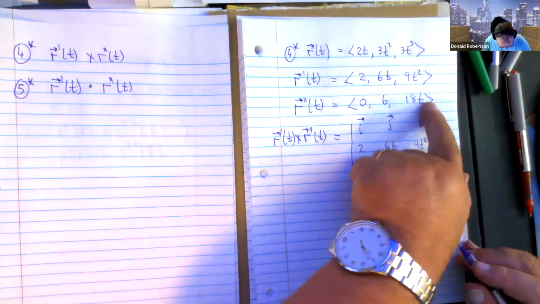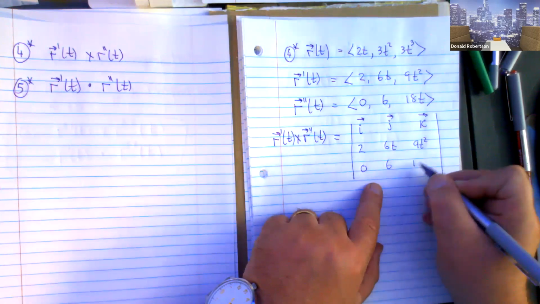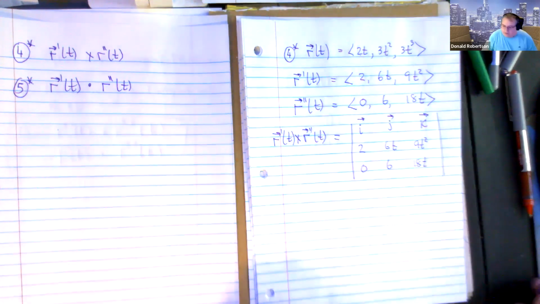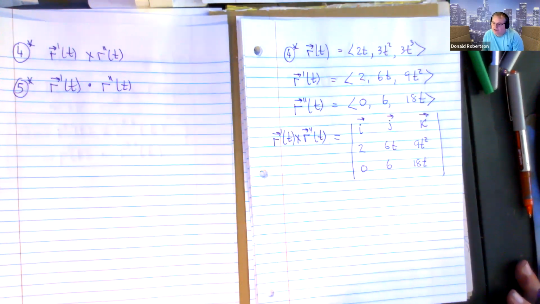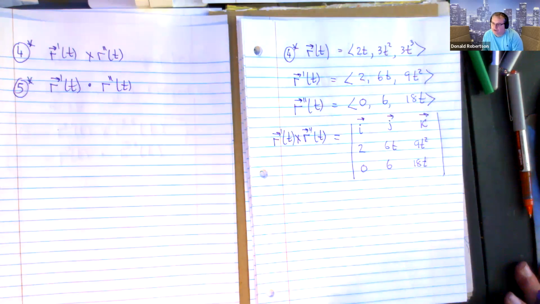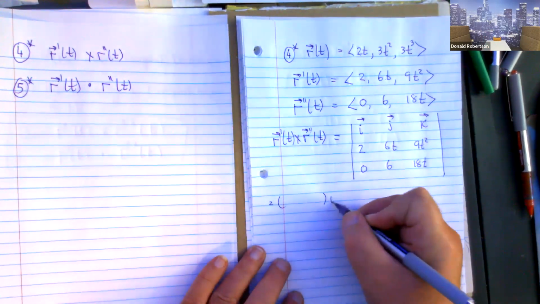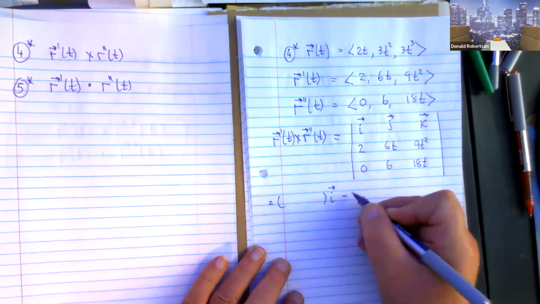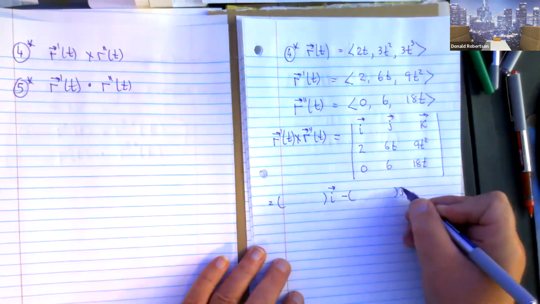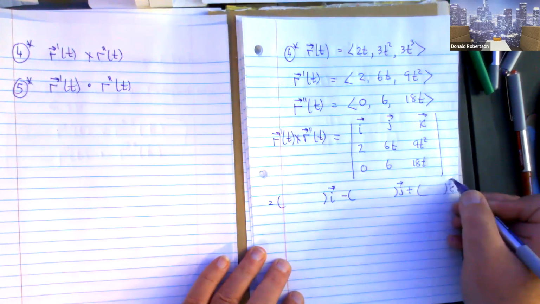This one goes below it, 0, 6, 18t. Are we good? Setting up a cross product the same way you would if these two vectors were nothing but numbers. And then our answer is going to be so many i's, take away so many j's, plus so many k's.